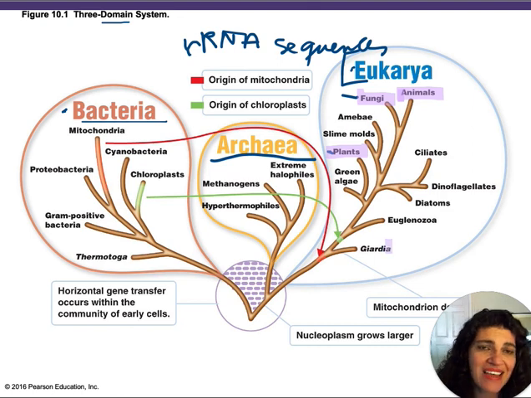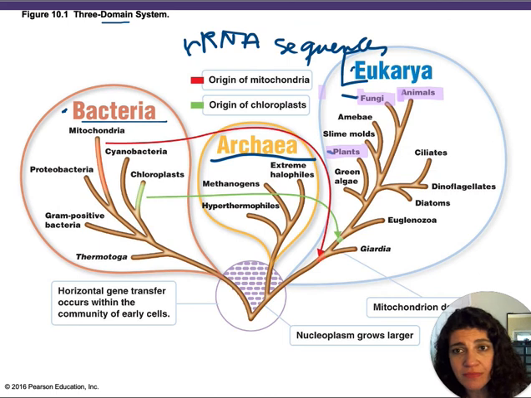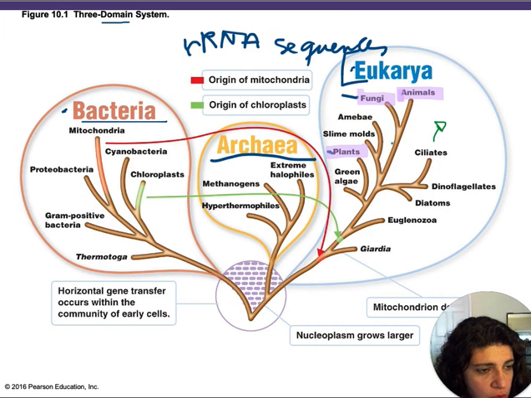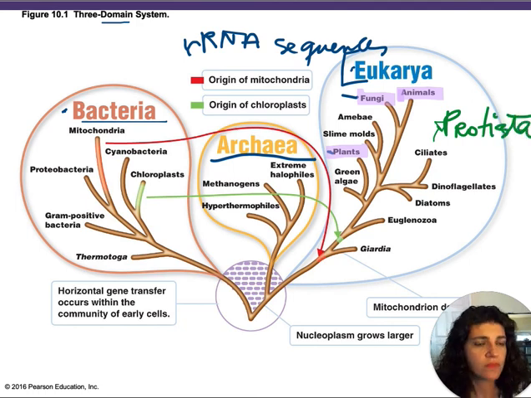All these other guys that are not highlighted belong to a separate phylum called Protista. Got it? So anything that is eukarya, not a fungus, not a plant, and not an animal is Protista.